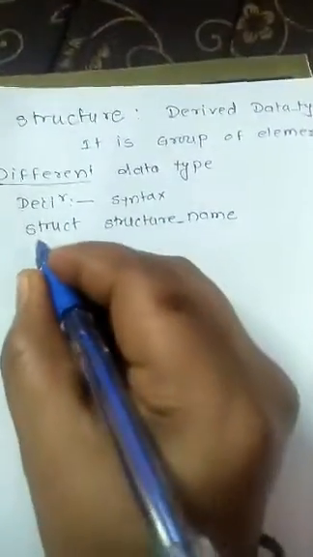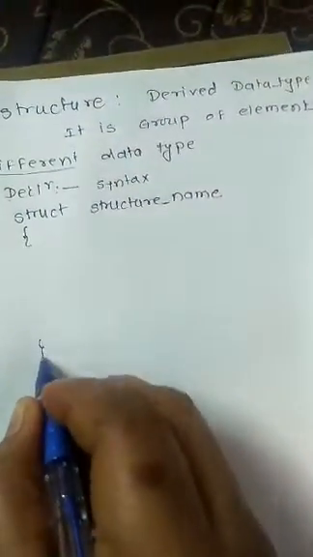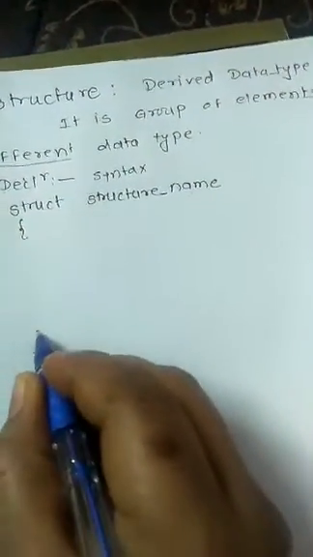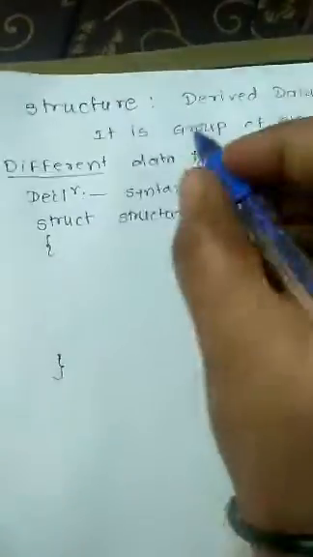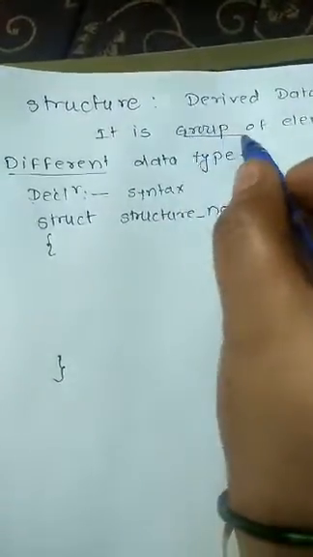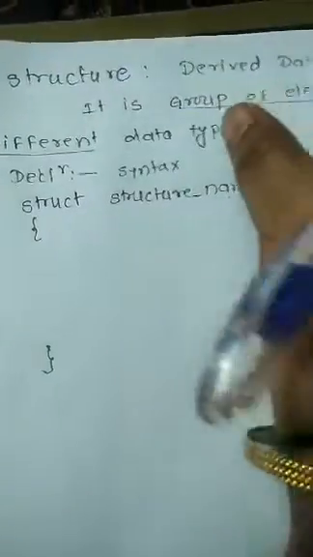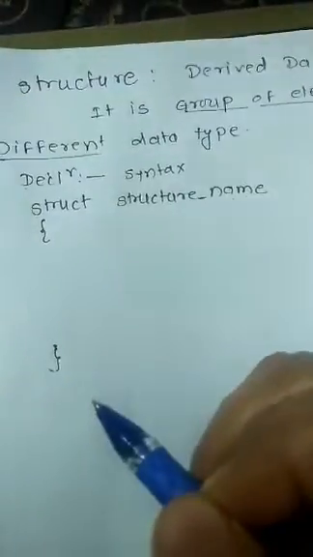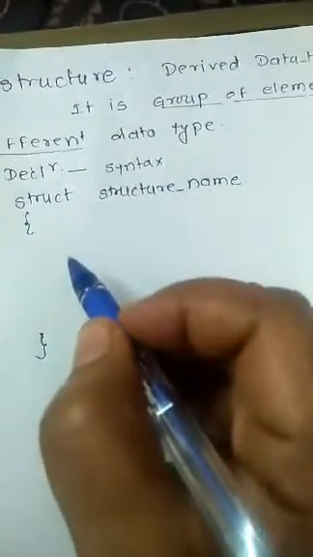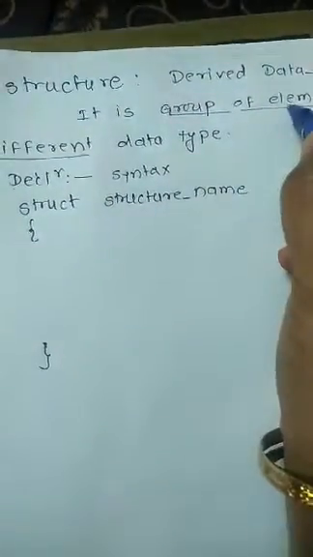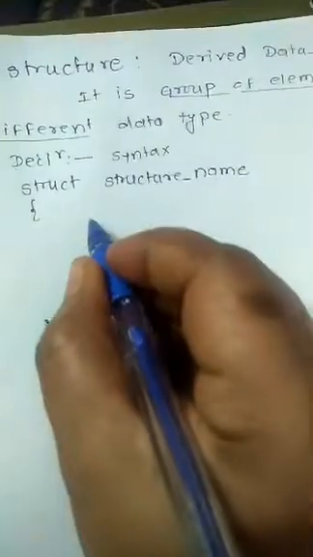And next, open bracket and close bracket. Why? Now we design the group of elements. Inside this structure, you have the group of elements, and you mention them inside this open bracket and close bracket. However many elements you have, you can declare them here.